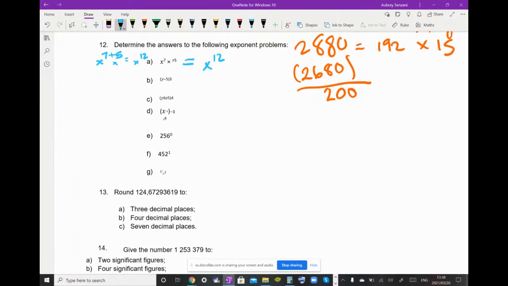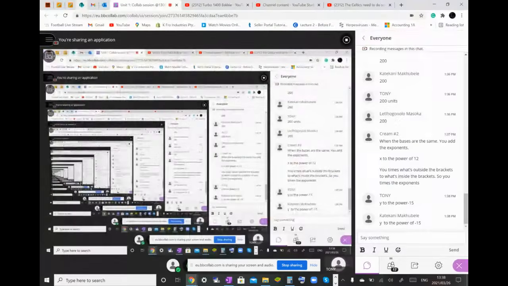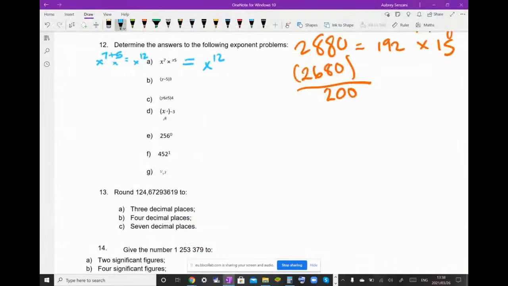So what are we doing to get this one? We are saying y to the power of minus 15. Yes. Since this thing is in brackets, we then have to multiply. We can't just add.